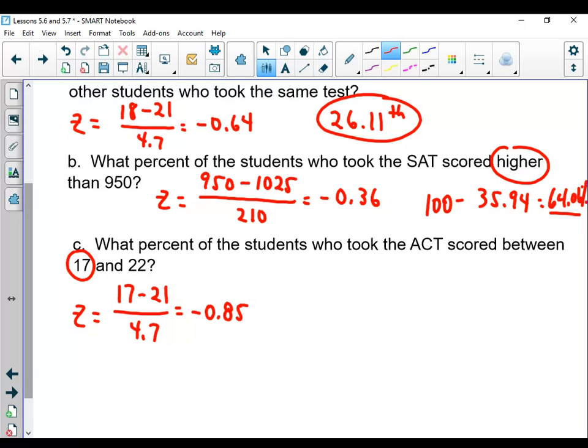So go to your z-table now and see if you can figure out what the percentage is for negative 0.85.